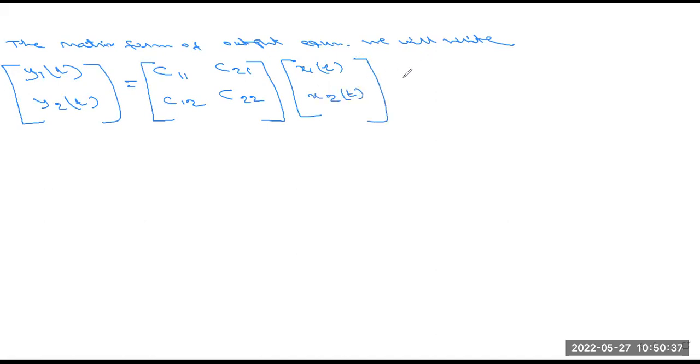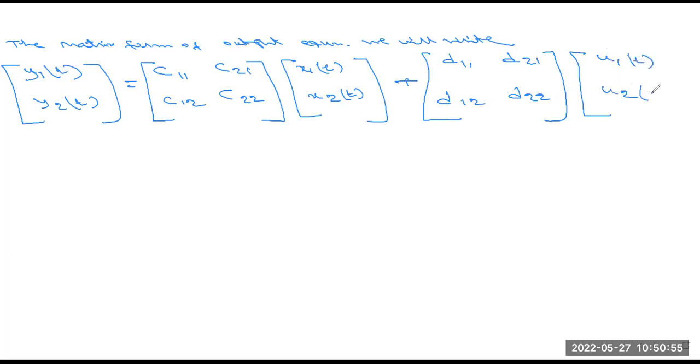Then the coefficient of d, that is d11 d12, then d21 d22, times u1(t) and u2(t). Okay, so this is the matrix form of the output equation of the given system.